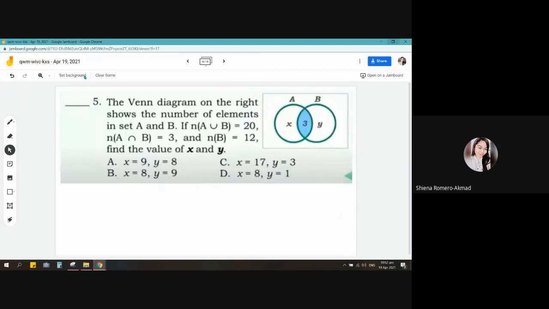So as we look at number 5, binigyan niya tayo dito ng number of elements. Yung number of elements ng A union B is 20. When we say A union B, ibig sabihin, pag pinagsama mo lahat yan, yung elements ng A and B, that is 20.